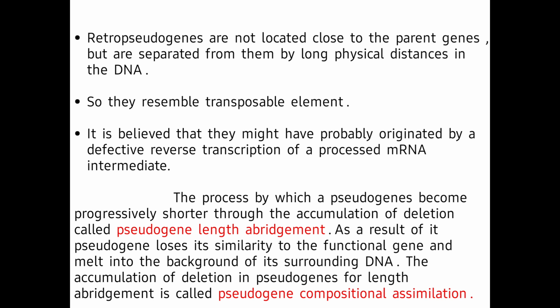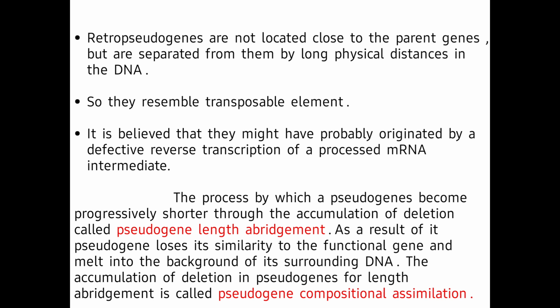It is believed that they probably originated by the defective reverse transcription of a processed mRNA intermediate. So it is believed that these defective copies, these retropseudogenes, are formed while reverse transcription occurs on mRNA.